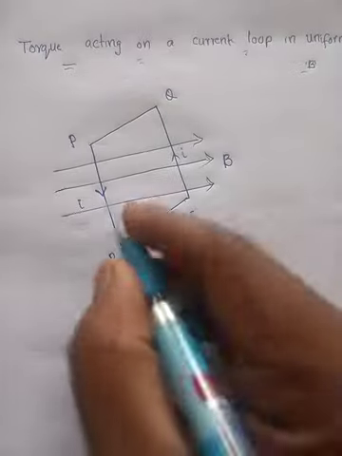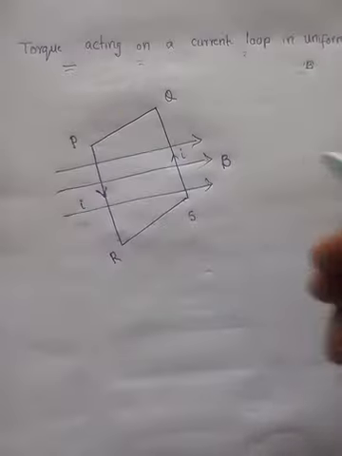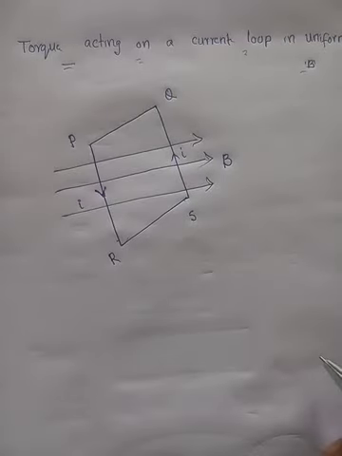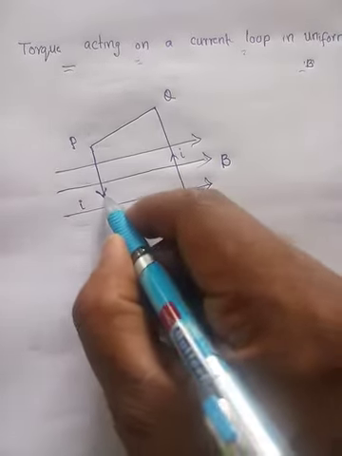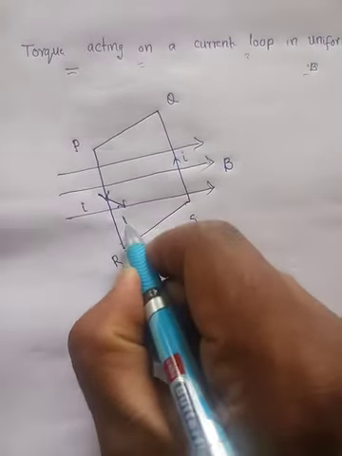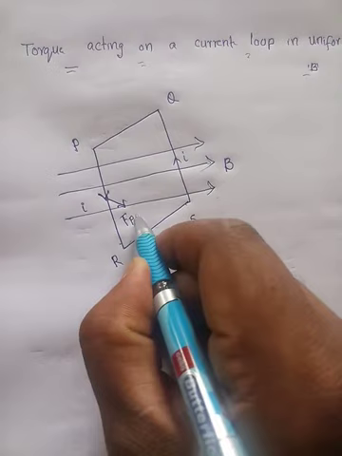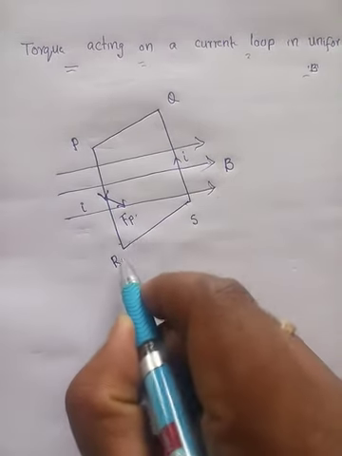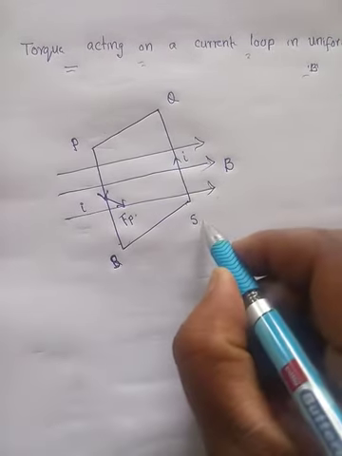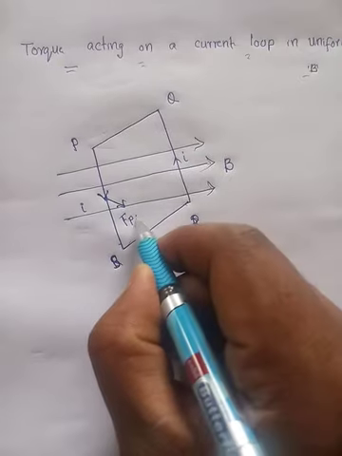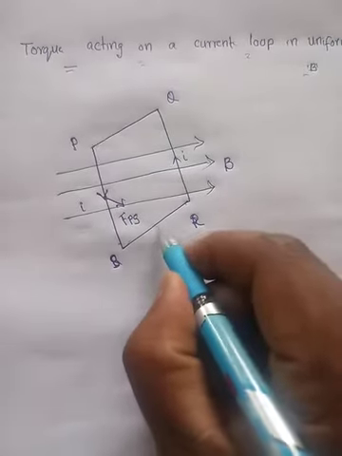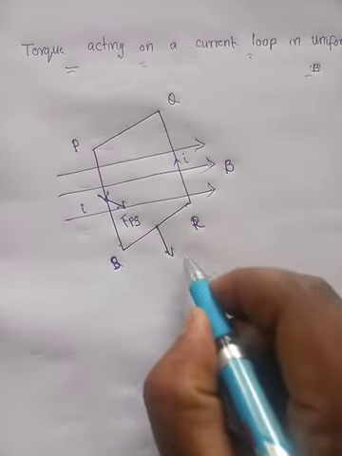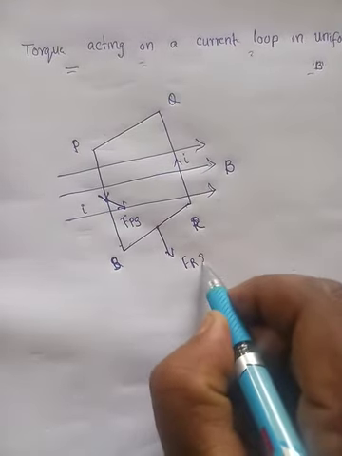So what is the force experienced at this point? For example, if it takes this point, what is the force experienced? This is FPS. This is R. Next here, perpendicular, FRS.